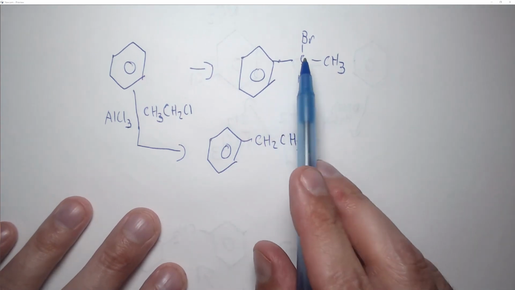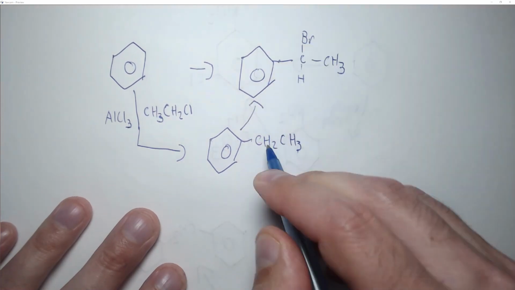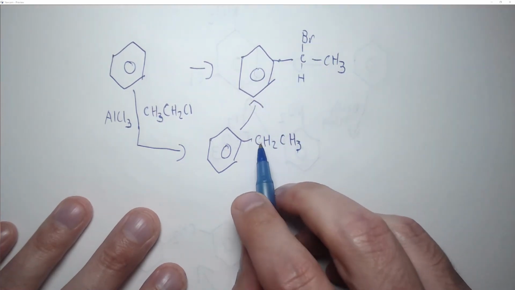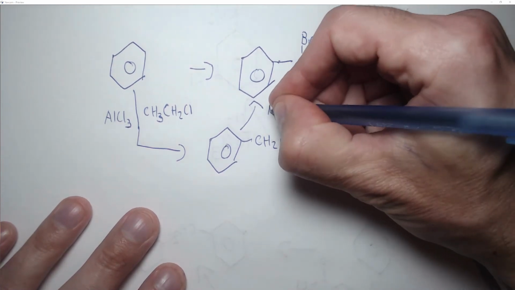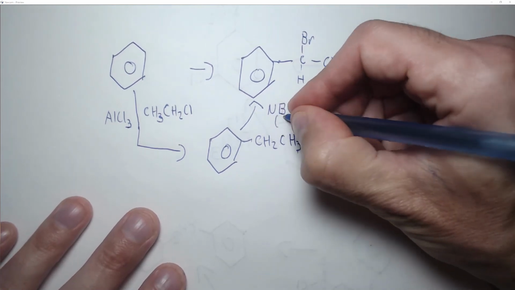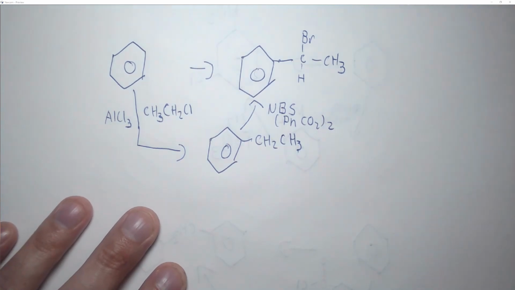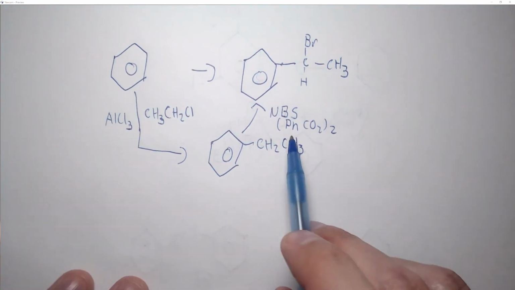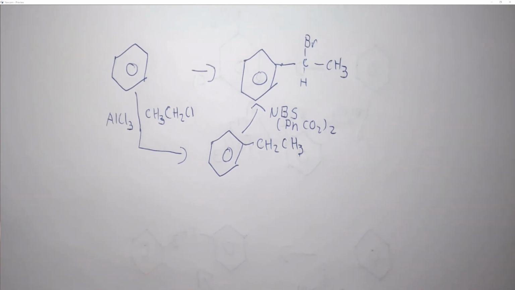How do we brominate our ring? Well, we're at the benzylic position, 1 carbon away from the ring, the first carbon off of the ring. So if we add NBS in the presence of PhCO2, benzoyl peroxide, we can now brominate at that position.